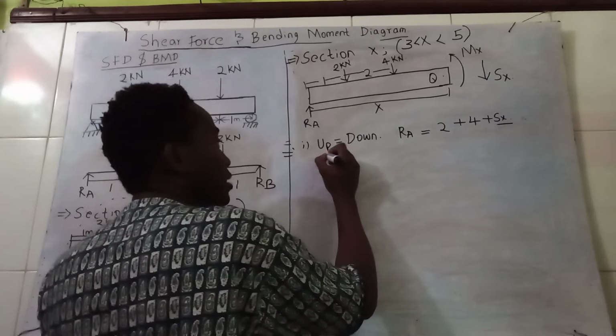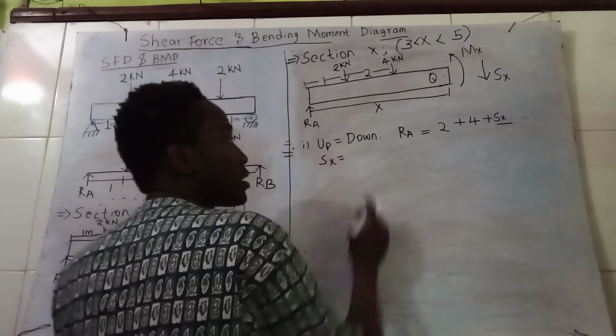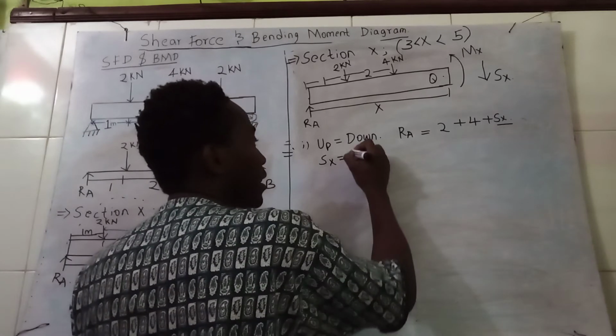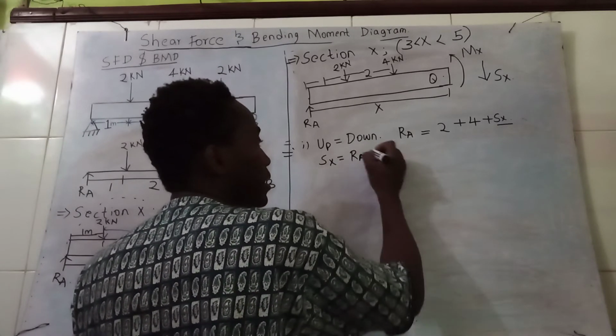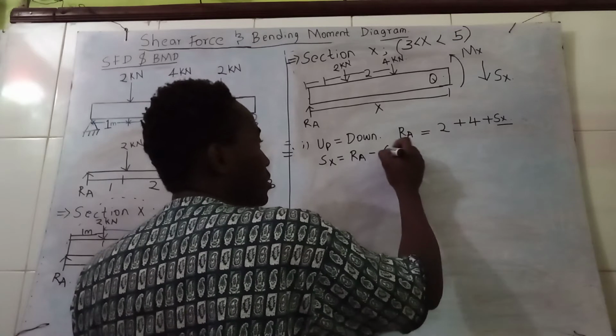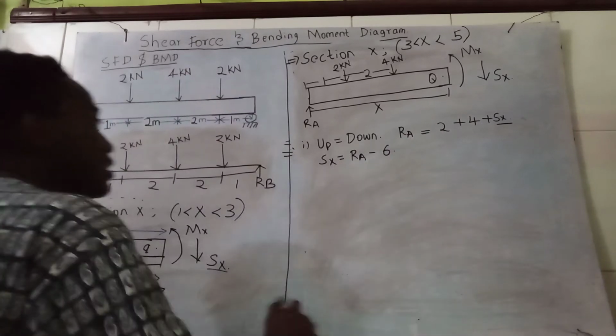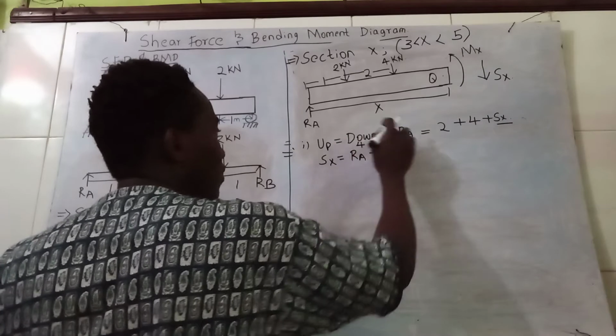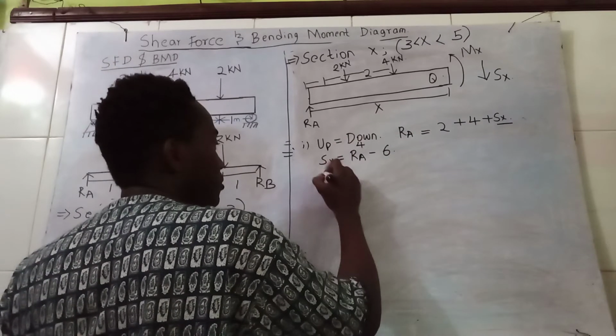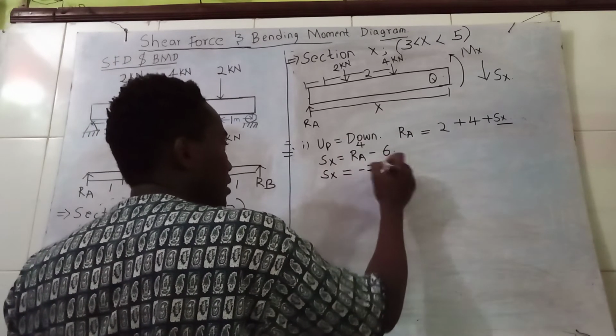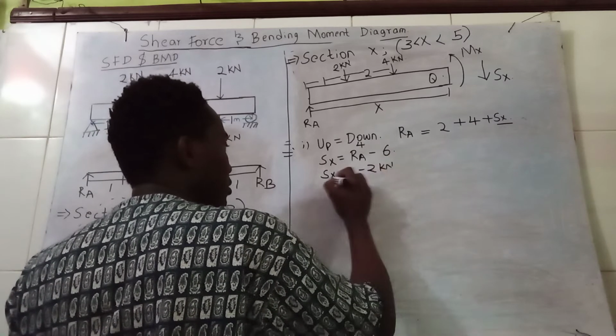Make Sx the subject. So Sx is going to be given by RA subtract 4 plus 2, 6. RA is 4, so 4 minus 6 is negative 2. S of x is negative 2 kilonewtons.